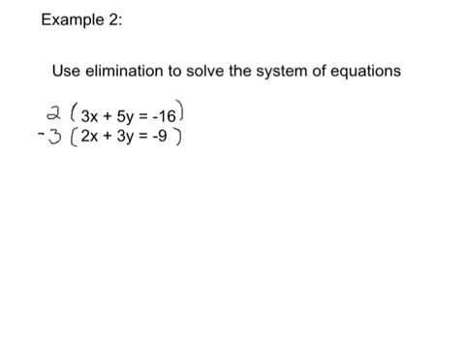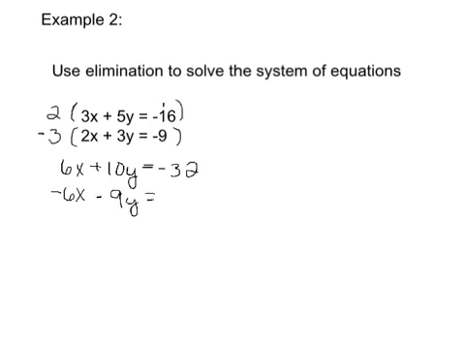Now once we multiply, 2 times 3 is 6x, 2 times 5 is 10y, 2 times negative 16 is negative 32. Okay, negative 3 times 2 is negative 6x. Negative 3 times 3 is negative 9y.